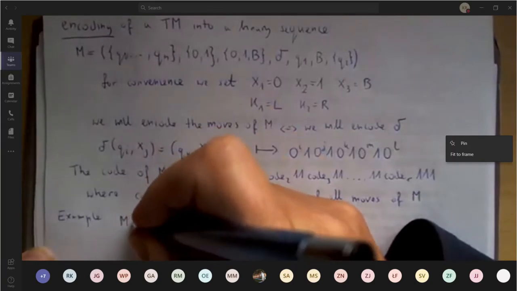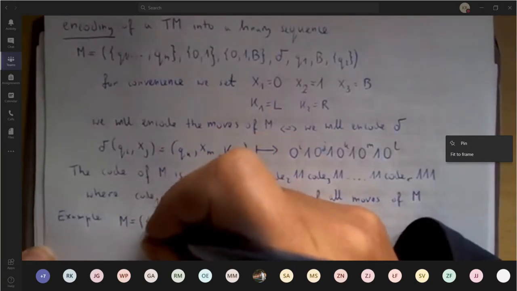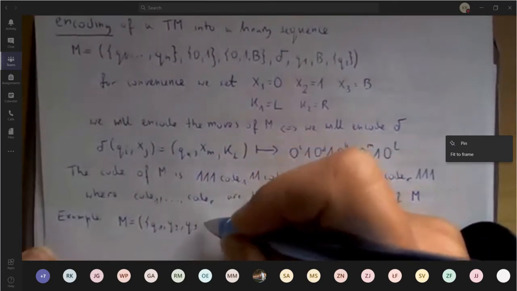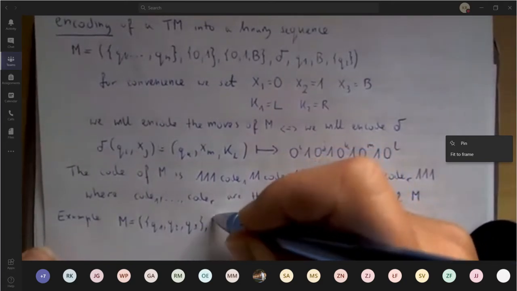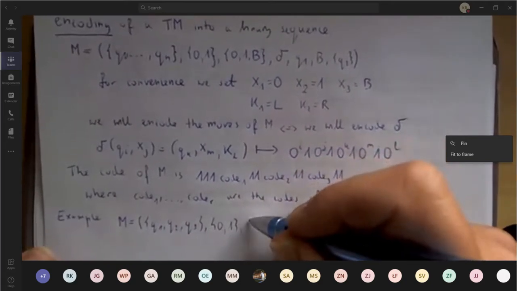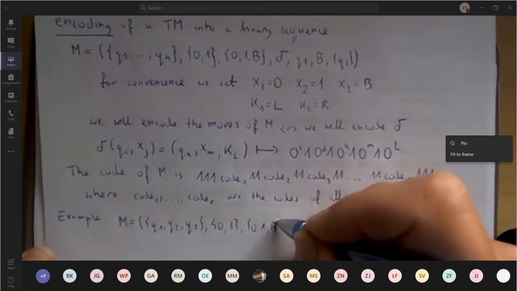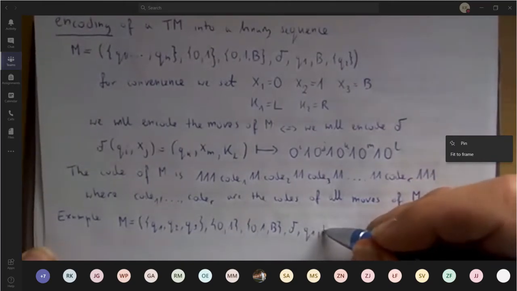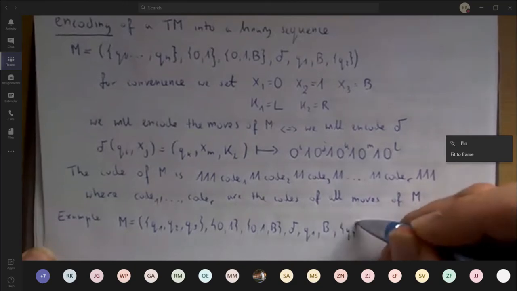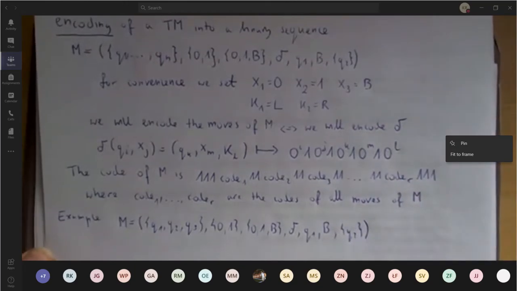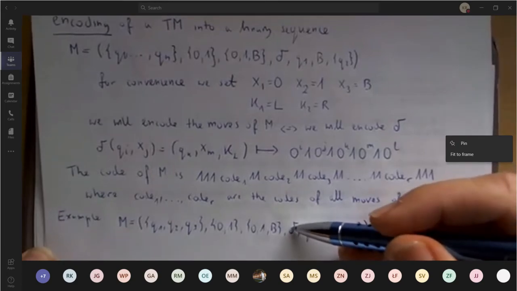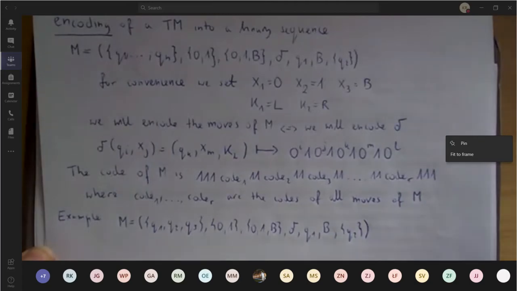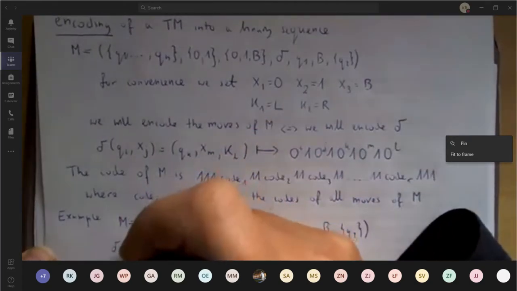So M has 3 states. This is fixed. Now I will write the values of the transition function. It will be a partial function. So M will have only 4 moves.